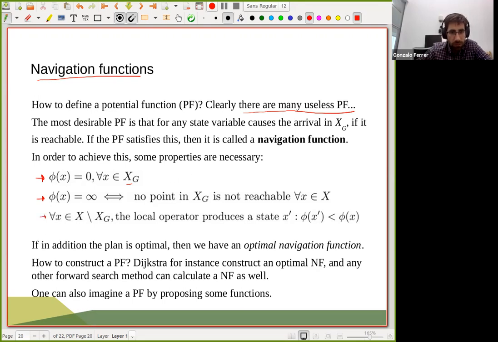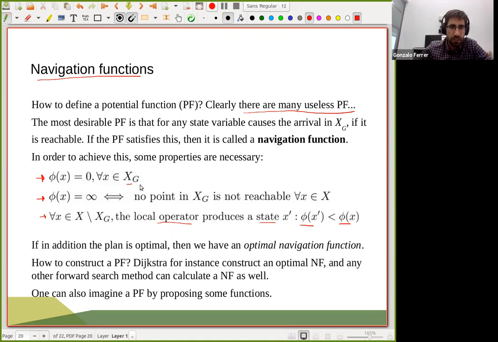And then for all states, this local operator should improve the state a little. Whatever you do later, it should be a little better in terms of this cost than before. If you assume that all actions have a cost, so there cannot be negative values or things like that, then the potential function should have this property that you always improve.